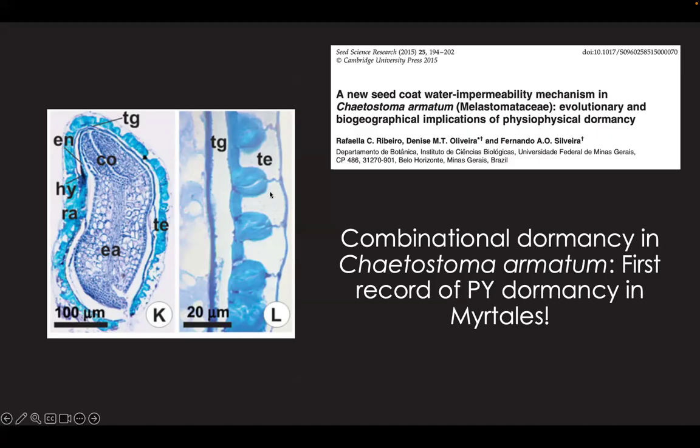What you are seeing here in figure L is the presence of polyphenolic compounds that avoid the entrance of water. It's interesting that water is able to enter the cells in the seed coat from the right side toward the center of the seed, but the presence of this polyphenolic compound, let me use the pointer.